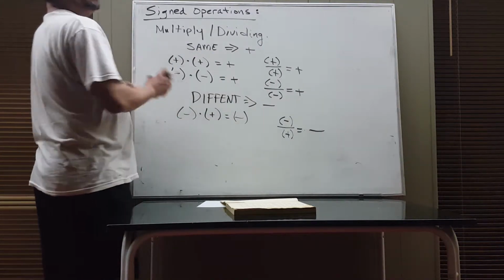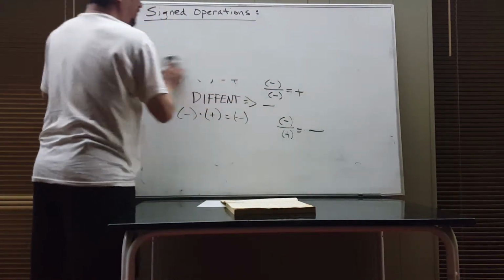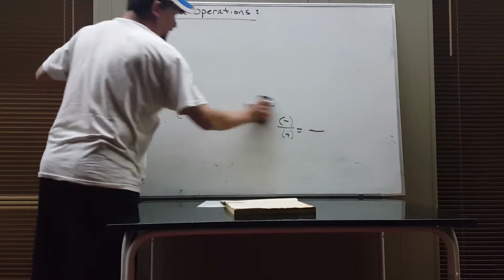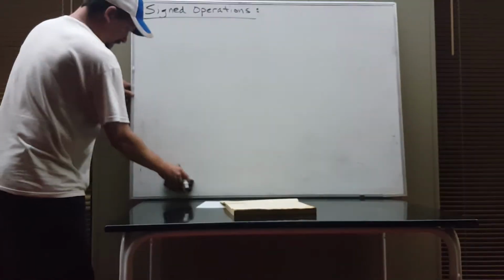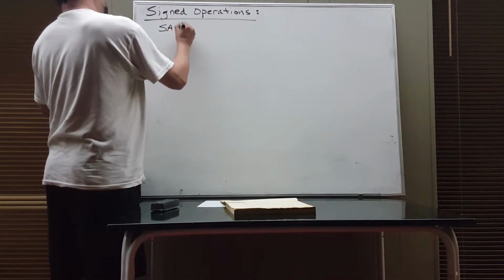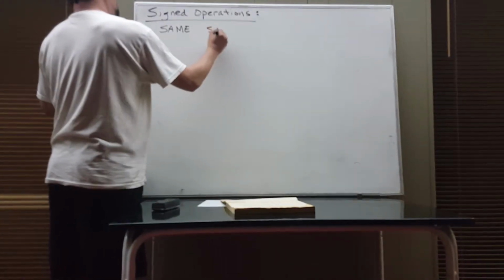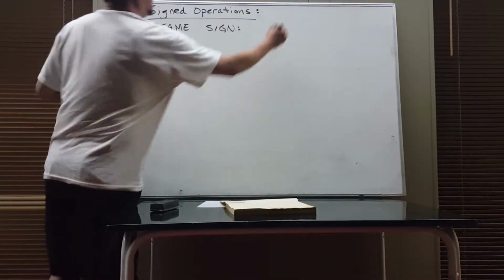Now, when we talk about adding and subtracting, we start getting something a little bit different. And it works with the same sign and opposite sign too. This is add and subtract.